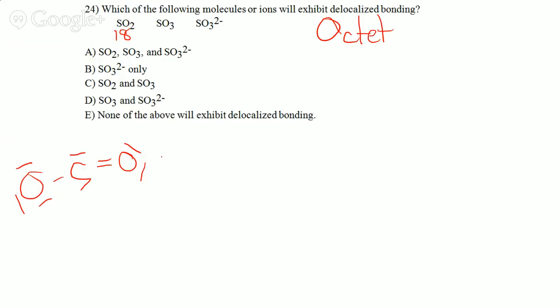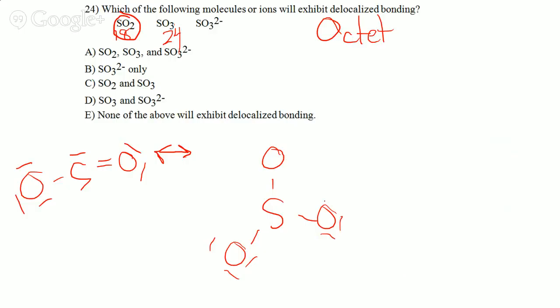It is going to look like this once we get done with making sure everything has satisfied the octet rule. So when we're looking at it this way, yeah, it definitely has resonance. So this one has delocalized bonding because it has resonance. If we take a look at SO3, that's going to have 24 valence electrons. So we draw it, and we place all our lone pairs of electrons around it, but then you go, oh, hey, sulfur doesn't have a complete octet.